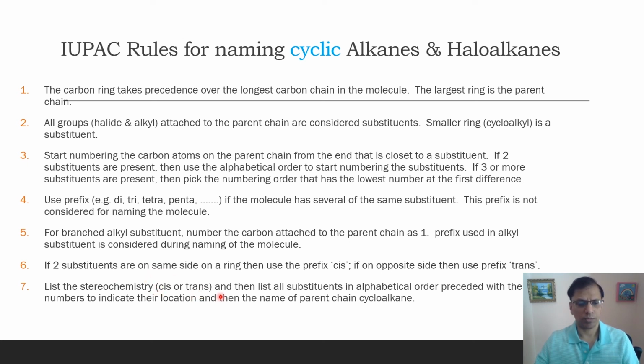If you want to learn more about the stereochemistry, please refer to my video on the isomers, which explains with models what a cis and trans looks like and how to further name them. We then list all the substituents in alphabetical order with the numbers to indicate their location, and finally we end with the name of the parent chain cycloalkane.